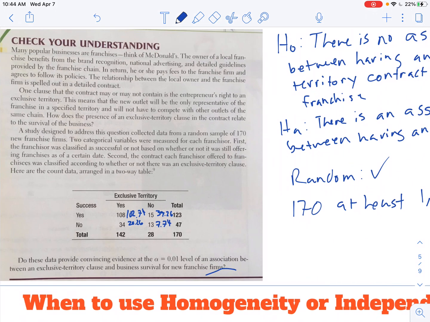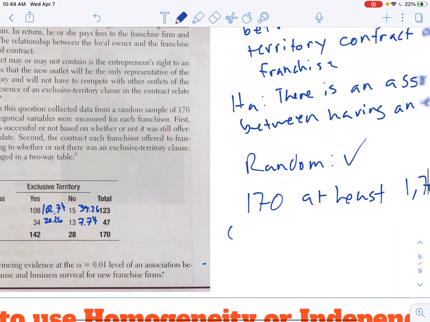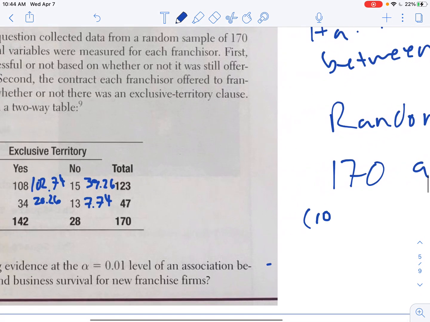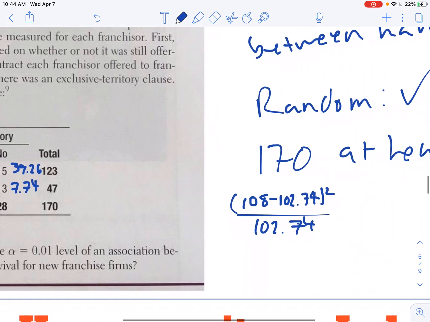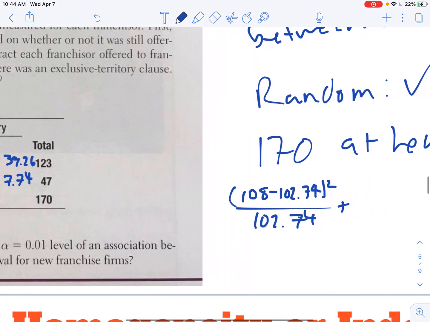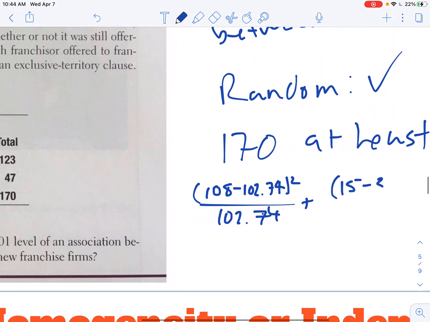Again, if we wanted to write this out by hand to figure out our chi-square statistic, we would do 108 minus 102.74 squared over 102.74, sorry, I'm getting ahead of myself, plus we would do 15 minus 39.26 squared over 39.26, and we would do that for all of these and add them up.